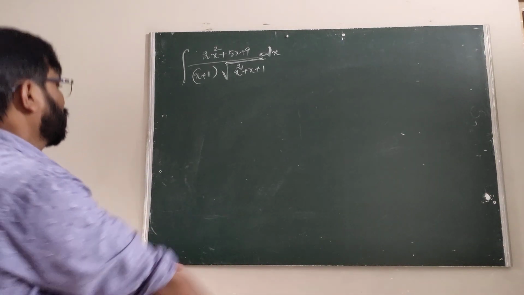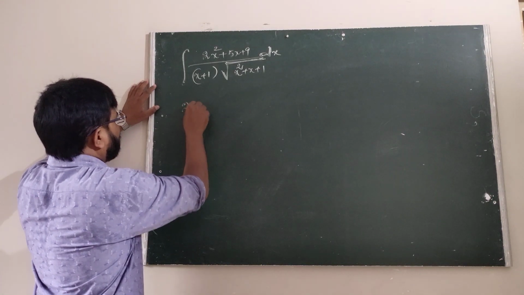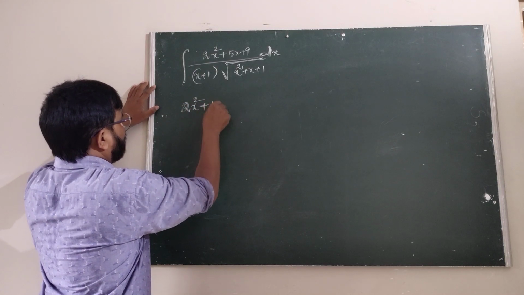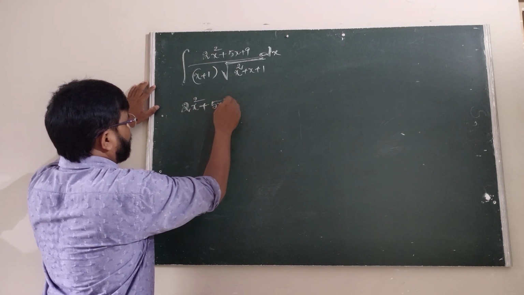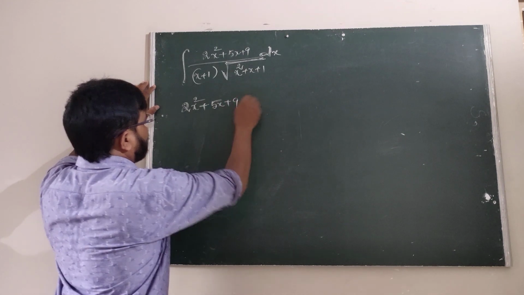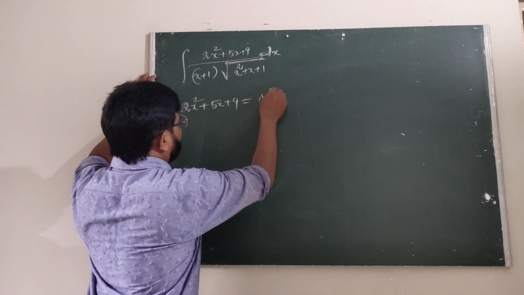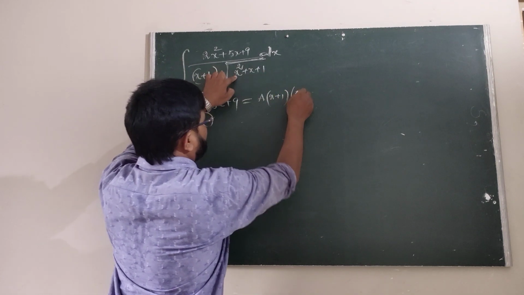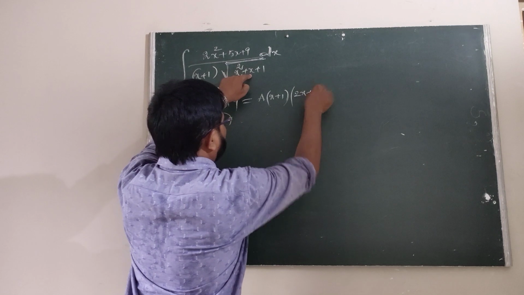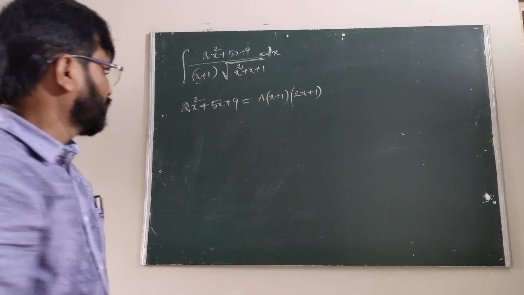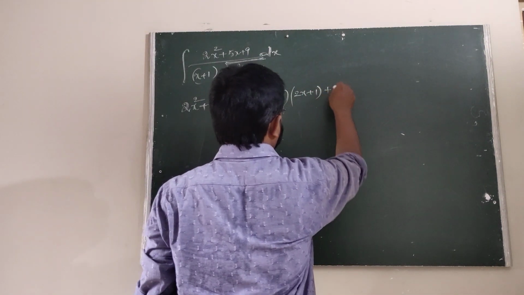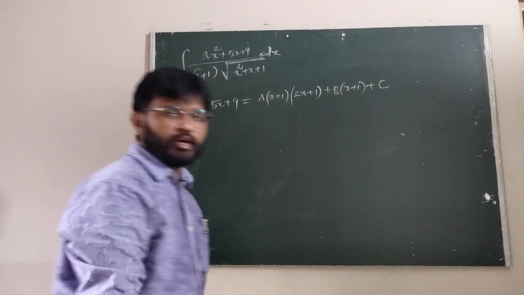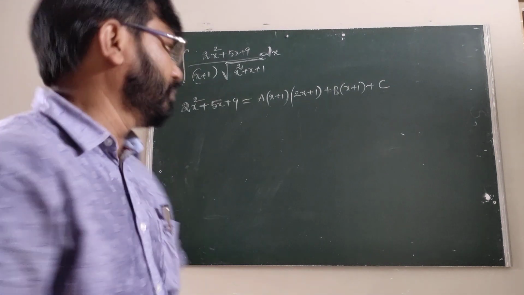Therefore, in this case we write 2x² + 5x + 9 equals A into (x + 1) into d by dx of this, which is (2x + 1), plus B into (x + 1) plus C. Now we are looking to find the values of A, B, C.